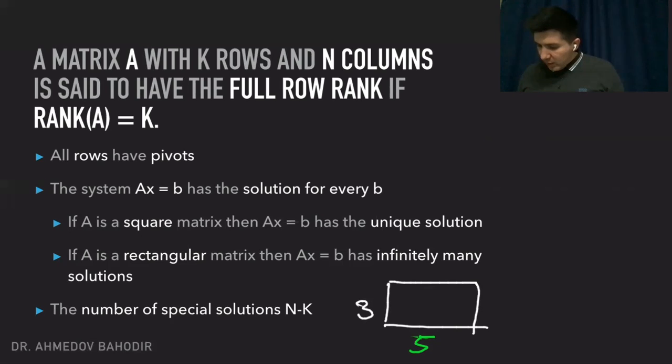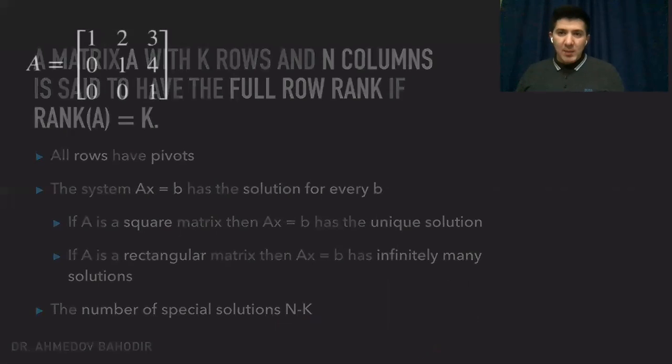It means that only 3 of the columns out of 5 are going to have pivots, because the pivots cannot be more than 3. And it means that 2 of the other columns are going to be the free columns, which implies that the number of special solutions is going to be 2, which can be found by subtracting the number of rows from the number of columns, right? As we have here.